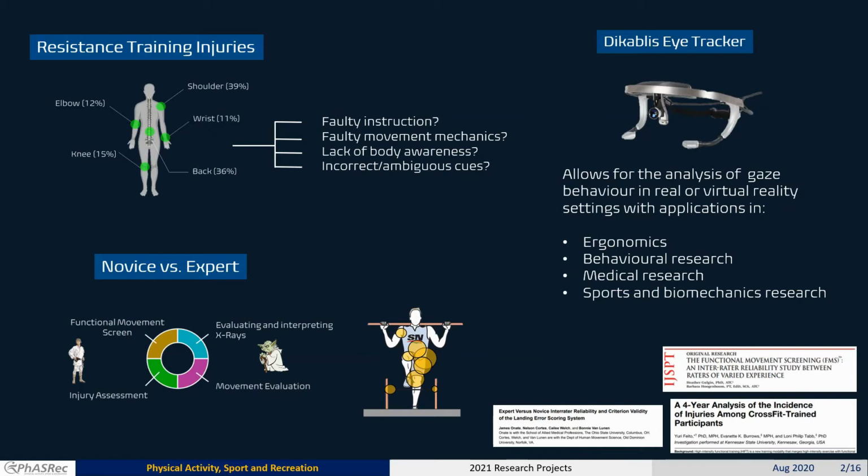What we can do is we can objectively quantify exactly where a particular individual is directing their gaze, and then that will be objectively quantified in terms of comparing novices versus experts or clinicians and their patients. To do this accurately, we use eye tracker technology, which allows for the analysis of gaze behavior in real or virtual environments, with specific applications in ergonomics, behavioral research, medical research, as well as sports and biomechanical research.